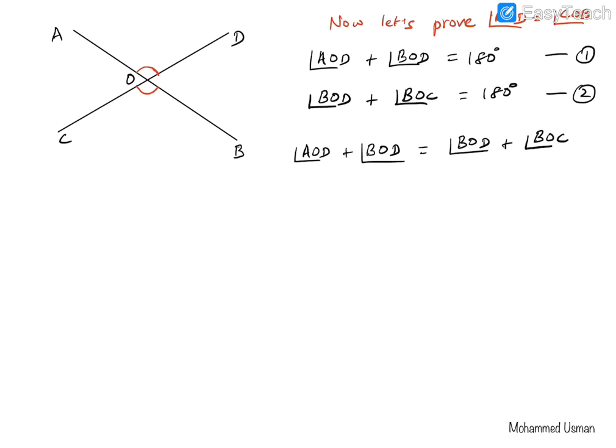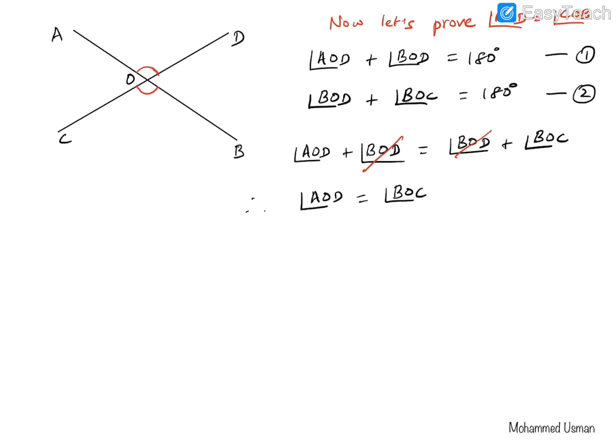Now if we look at the common terms on both sides of the equation, we can cancel out that common term, which is the BOD term. What we are left with is angle AOD is equal to angle BOC. So that is what we have proved.